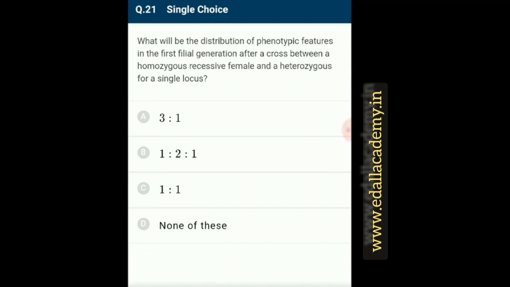The ratio obtained in the F1 generation after crossing the heterozygous individual with a recessive homozygous individual is 1:1. The phenotypic ratio of a typical monohybrid cross is 3:1 and the genotypic ratio for the same is 1:2:1. So the answer is option C, 1:1.